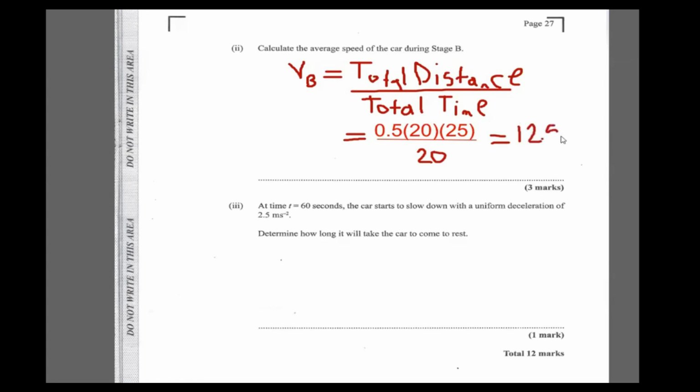12.5 meters per second. Now, the car is going slow because look at that. In 20 seconds, the car is taking 20 seconds to travel 250 meters. Usain Bolt can run 200 meters in 19 seconds, and he can run 212 meters in 20 seconds.